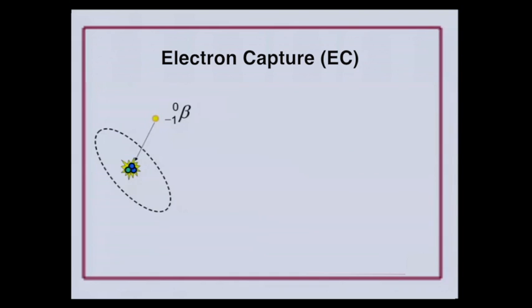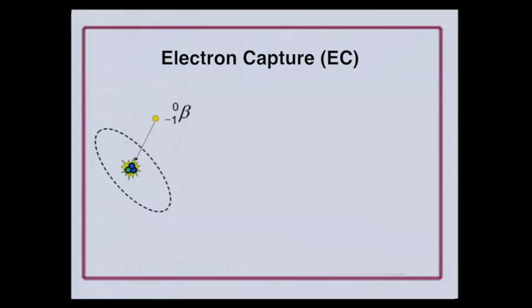It is captured by the nucleus. It disappears, and it basically combines with a proton to form a neutron. So the proton number goes down, the Z number goes down by one.